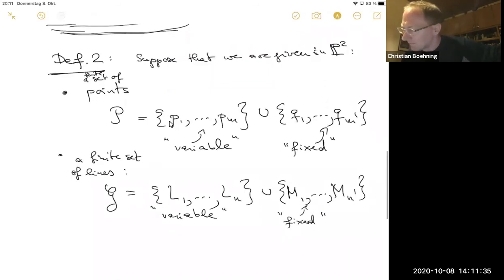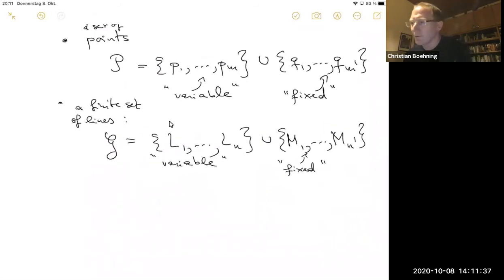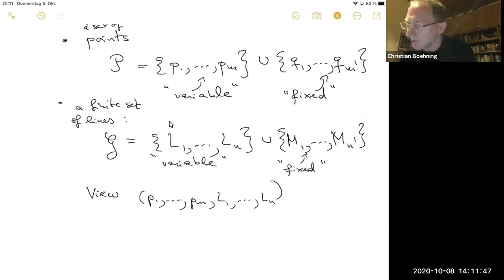And then, of course, I can view the variable points and these variable lines, L1 up to Ln, as points in a product of projective spaces.